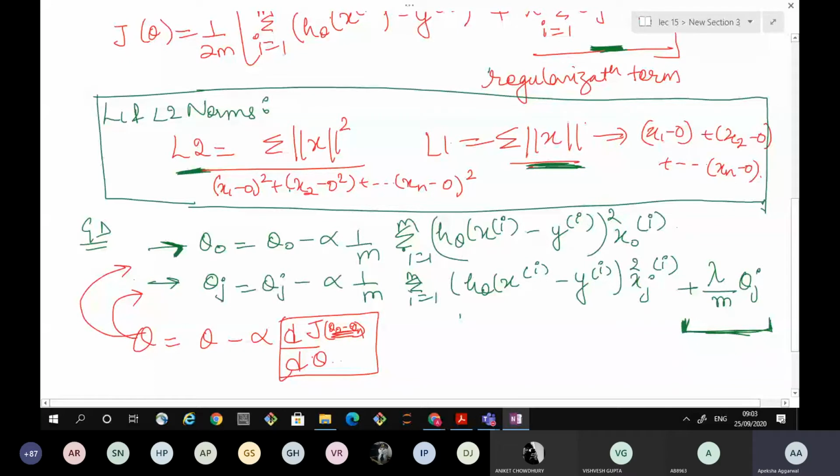Up till this point we already know the gradient. This is for my logistic regression.